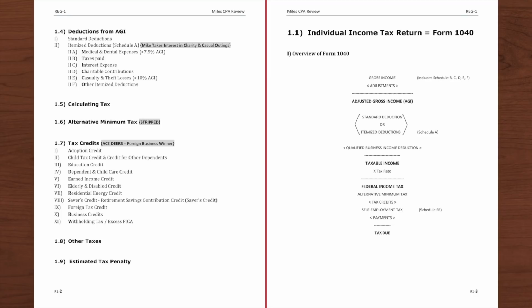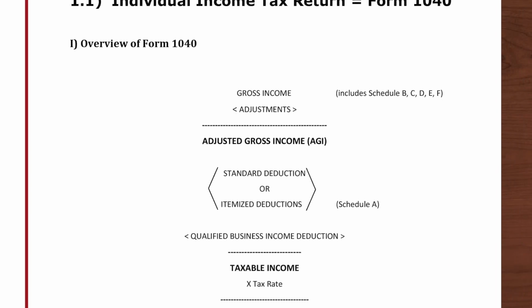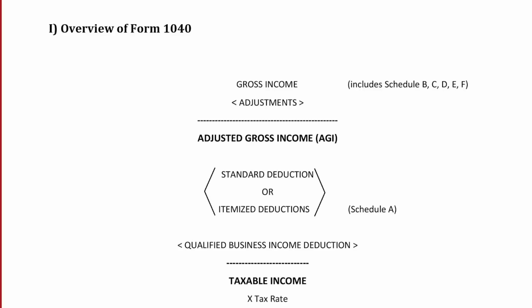Now flip back to page 3, where we've got an overview of Form 1040. So as we know, Form 1040 starts with the top line, the gross income, which includes Schedules B, C, D, E, F, and our mnemonic right there, plus Sir You Owe.